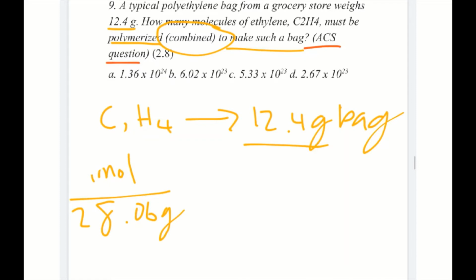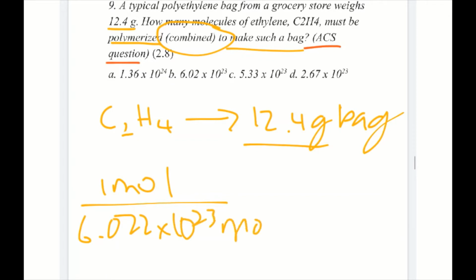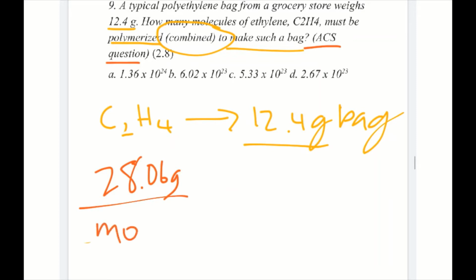But I'm glad that we know what that is, because actually 1 mole has 6.022 times 10 to the 23rd molecules in it. So let's try to figure this out. If we want 1 molecule, let's write 28.06 grams per mole, and let's convert the moles to molecules.